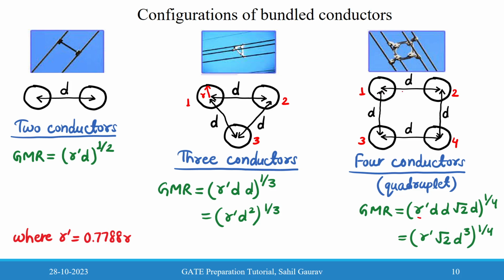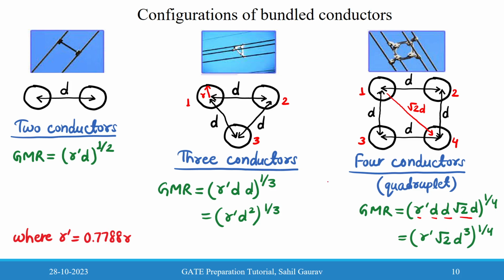The distance of the second conductor with respect to one will be d, and the third conductor will also have a distance d. And for the fourth conductor, what will this distance be? Under root 2 d. Yes, under root 2 d. So there are four distances inside the bracket, so it will be 1 divided by 4.